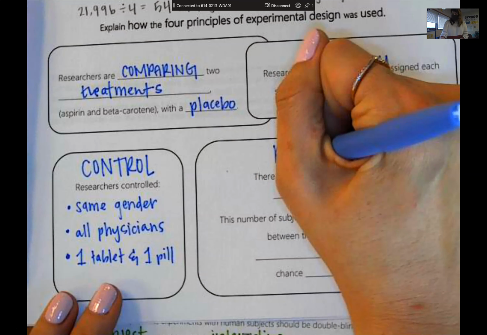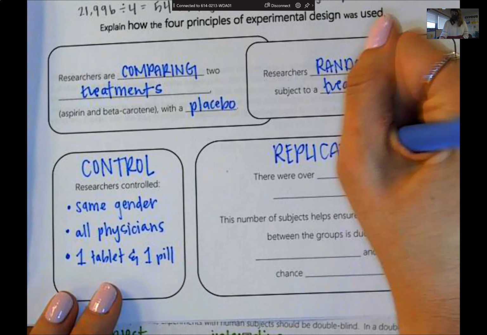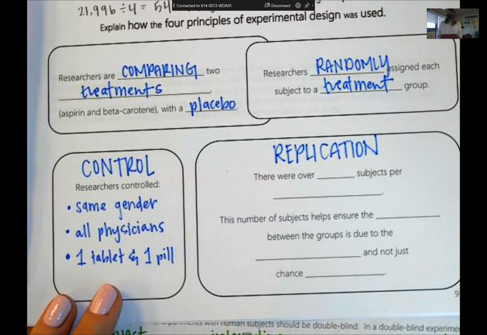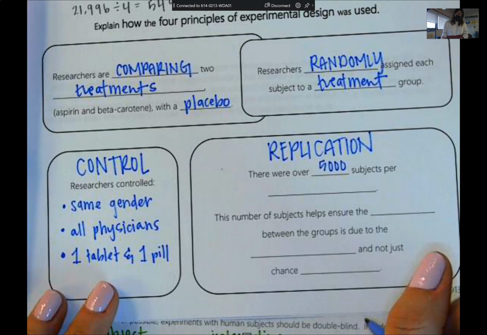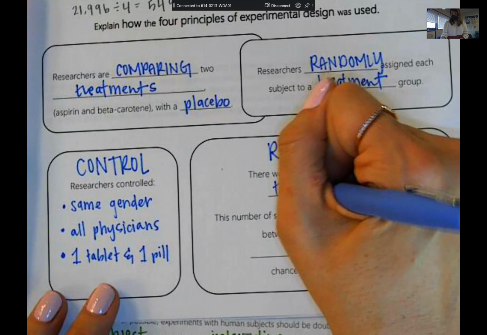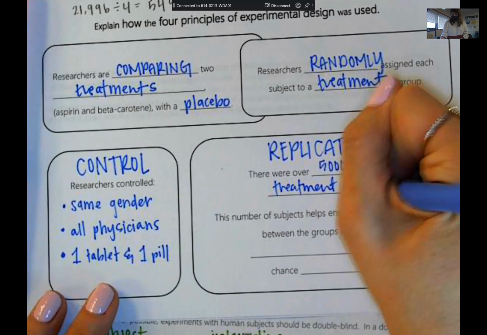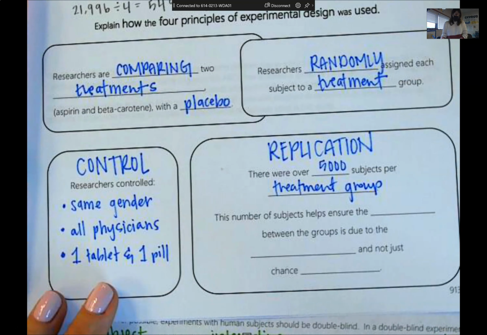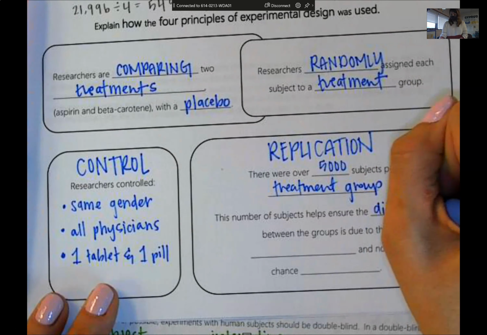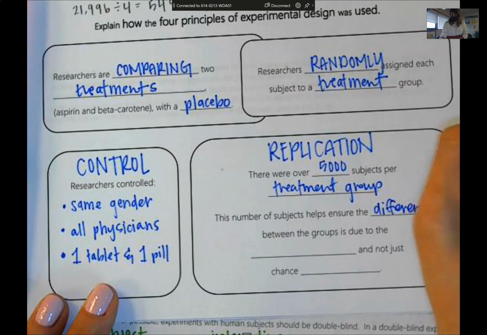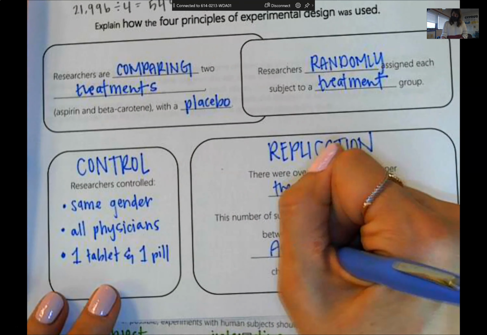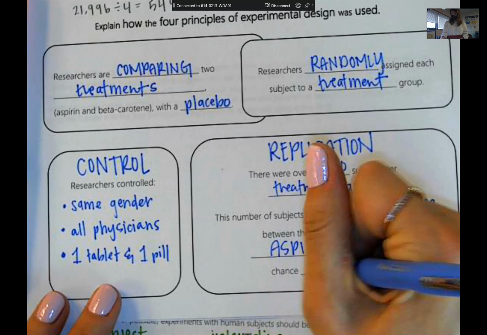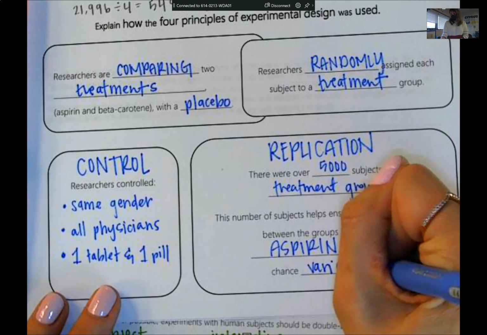And then lastly is the idea of replication. There were over 5,000 subjects per treatment group. This number of subjects helps ensure that the difference between the groups is due to the aspirin and not just chance variation.